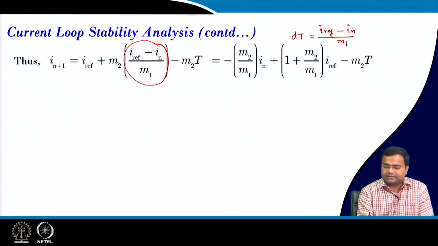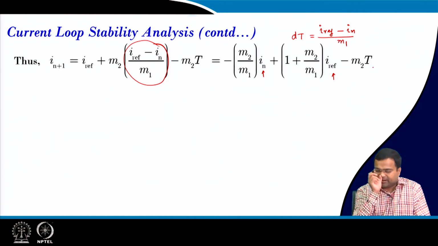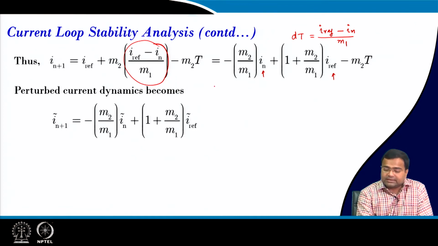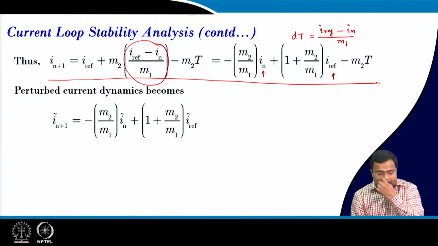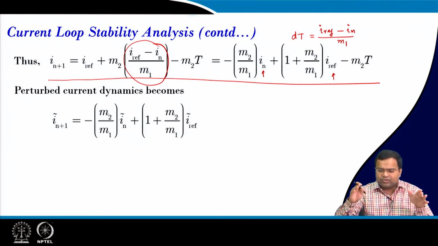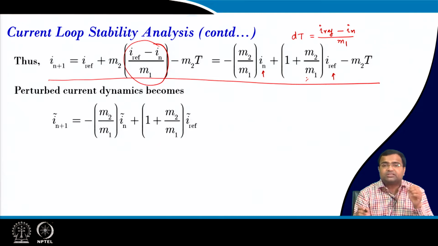If you separate the term associated with In, the term associated with Iref, and the rest of the offset term, then what can we write? Now, this is the large signal current loop equation. Since we are keeping Iref constant, we can assume that under small perturbation the slope perturbation is neglected.